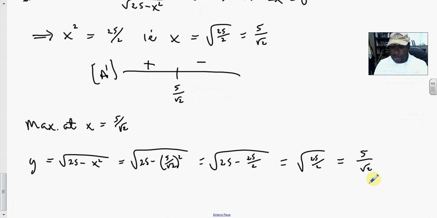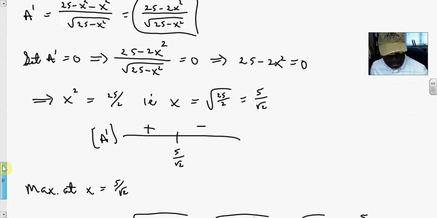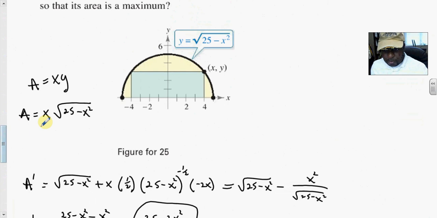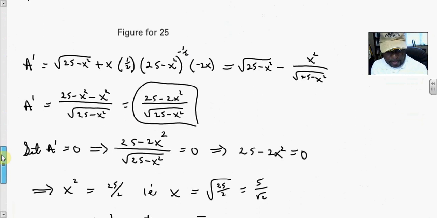Let's see. They're the same. The square root of 25 minus x squared.